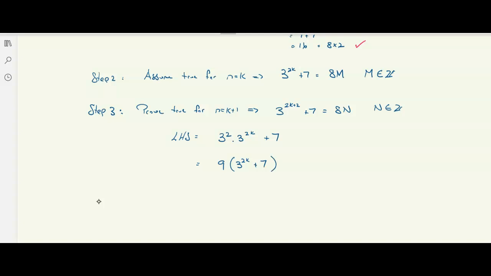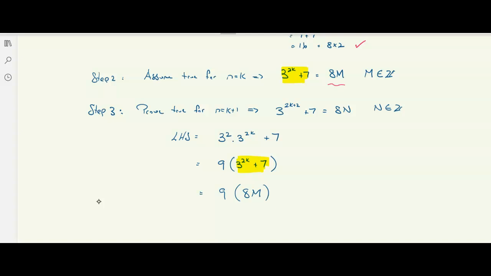I'm forcing this expression in here, so that I can draw on this. So that 8m is now going to go in where you see the 3 to the 2k plus 7. That 8m goes in there, you see. But I've got a little bit of work to do here, haven't I?